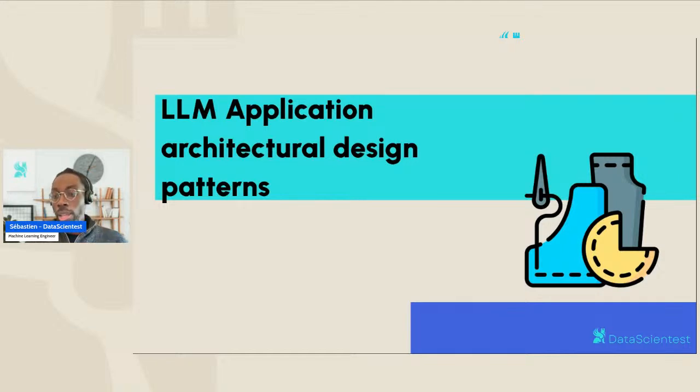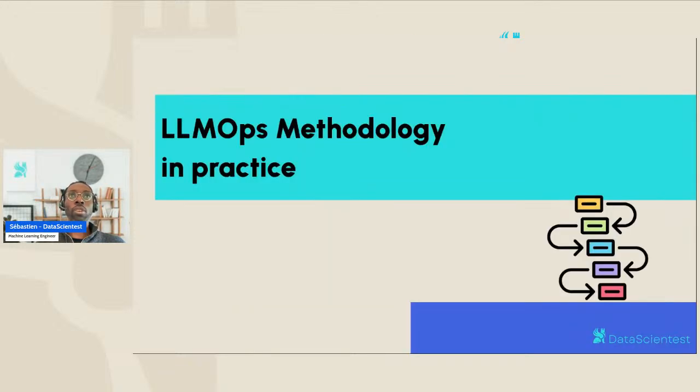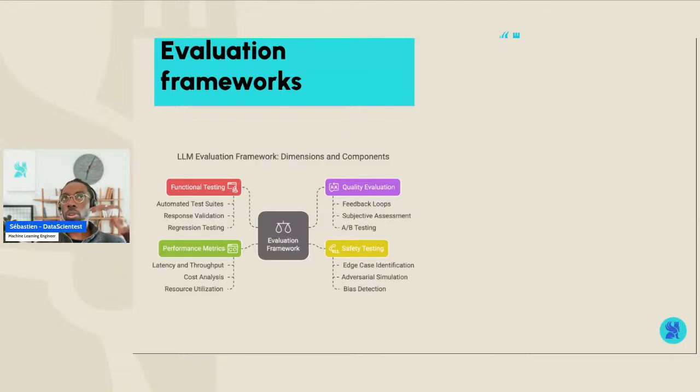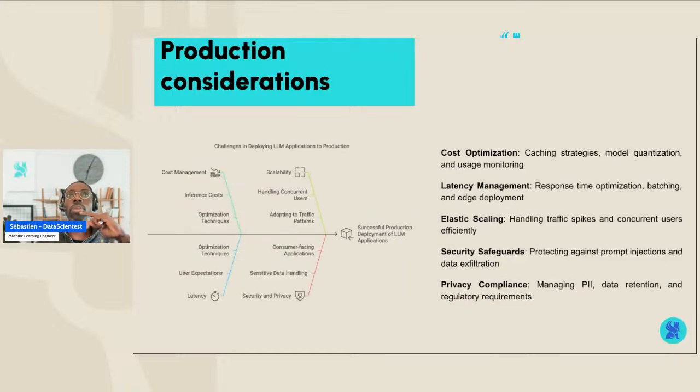Okay, so this was a rather long introduction about LLMOps methodology, and about the fact that it is really important, when we are moving into production, to have a lot of things in mind before actually deploying an application.